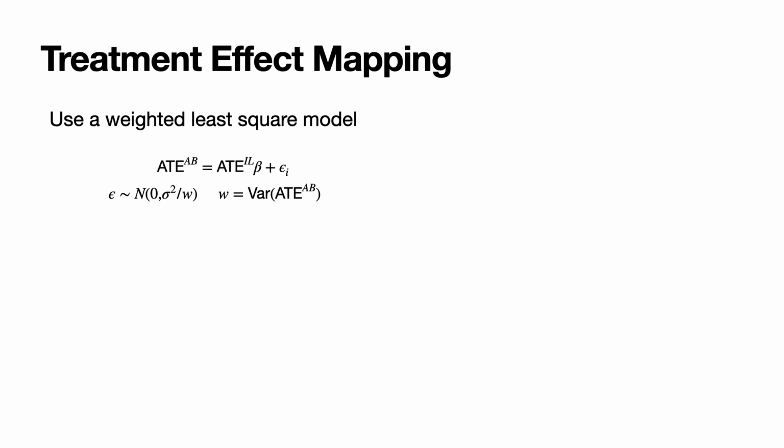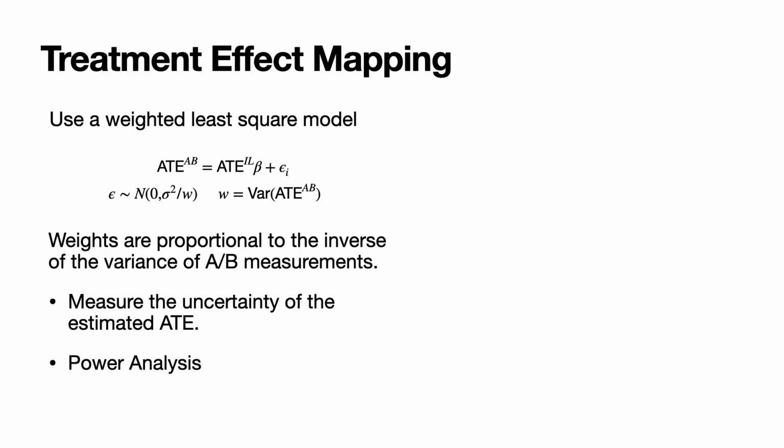And in practice, we use a weighted least square model because we use online data to estimate this mapping, and the online data are all collected with uncertainty, and we want to weigh more on the data points where we have more certainty. So basically, the weights for each data point are proportional to the inverse of the variance of these A/B measurements. And in this way, we just put more weights on more certain measurements.